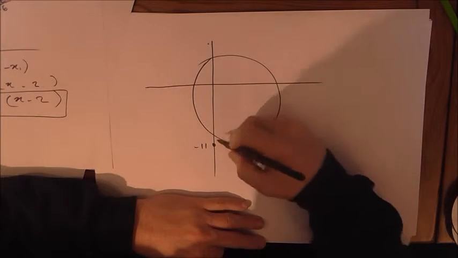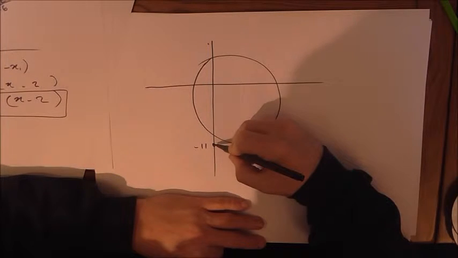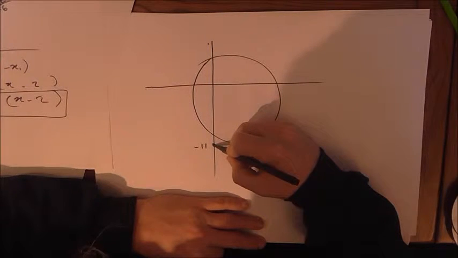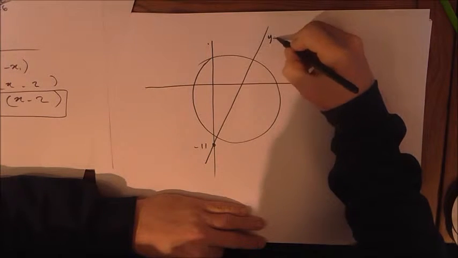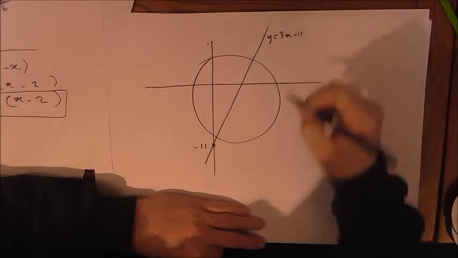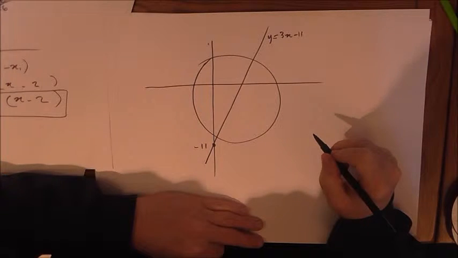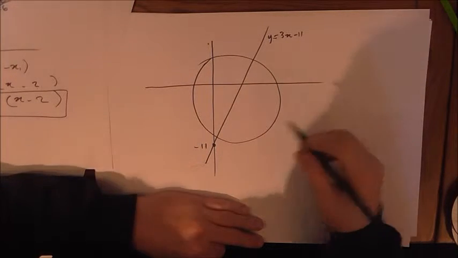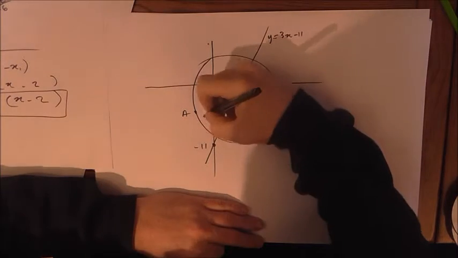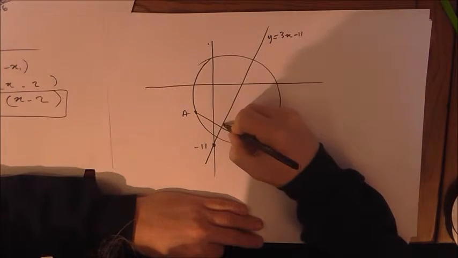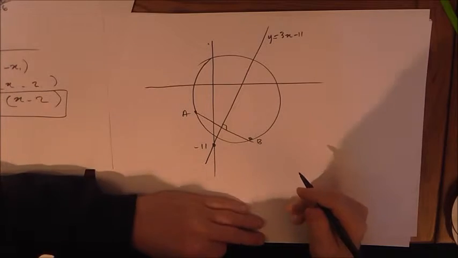This is negative 11, so y equals 3x is a pretty steep gradient. 3 is pretty steep, so I'm going to draw that as y equals 3x minus 11. That's a perpendicular bisector of AB. This isn't the only place to put AB, but it certainly fits with the perpendicular bisector information.